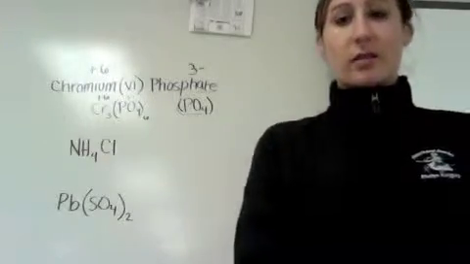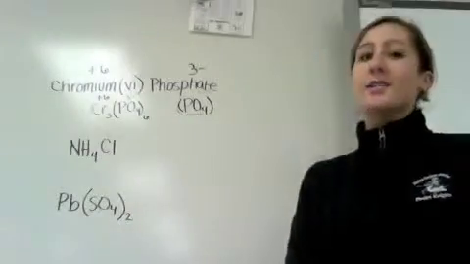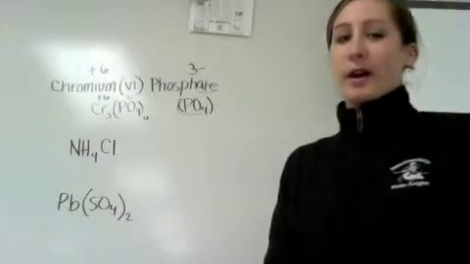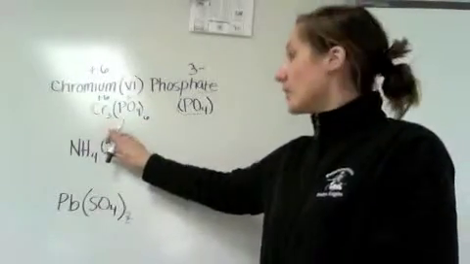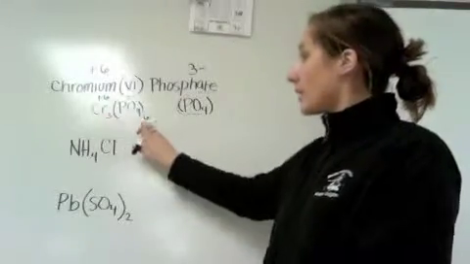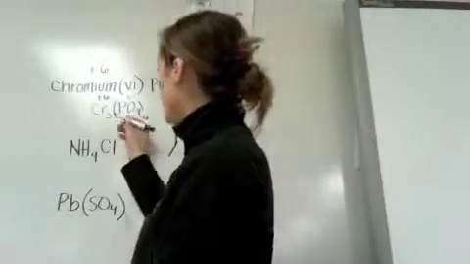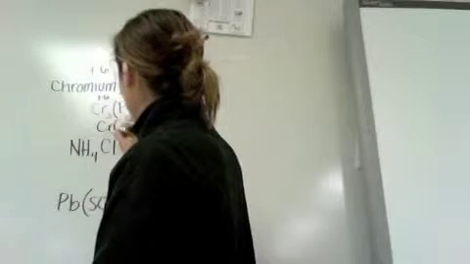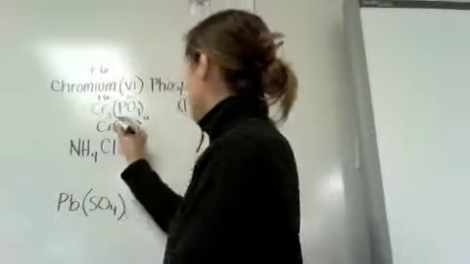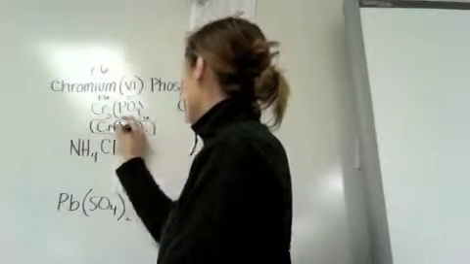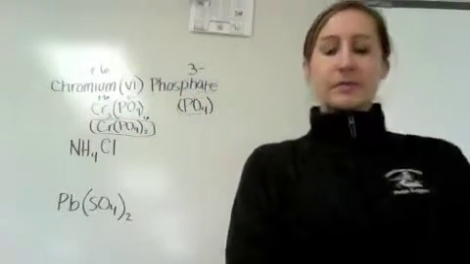But I hope you're all screaming in your head, Mrs. Miller, that's wrong, because you would be right. We need to reduce this, and that means a 3 can go into 3 and into 6. So it would be Cr(PO4)2. And this is your final answer.